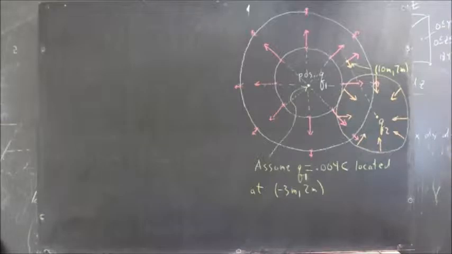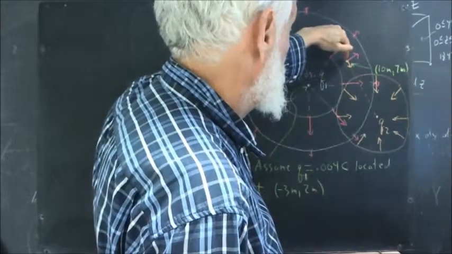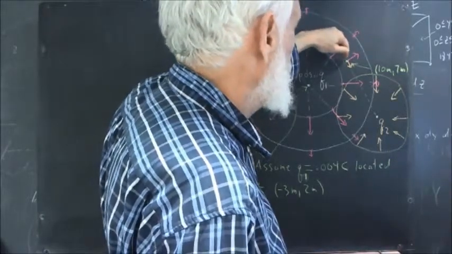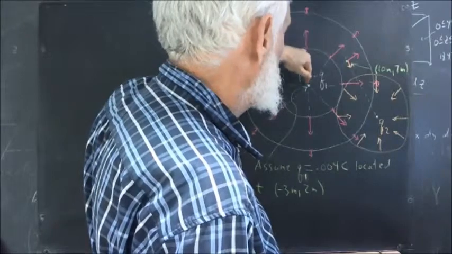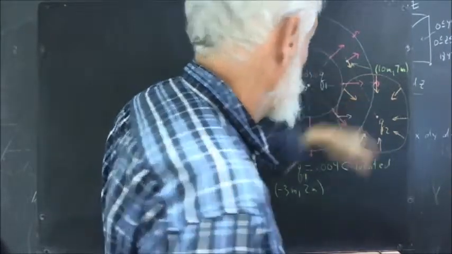So what we have now is at the point 10 meters, 7 meters, an electric field representing what would happen to a positive charge at this point due to this charge and due to this charge.